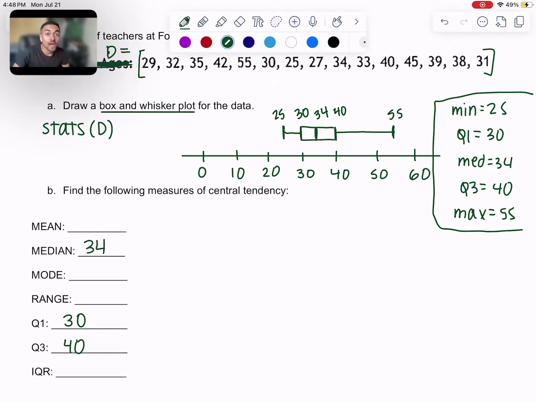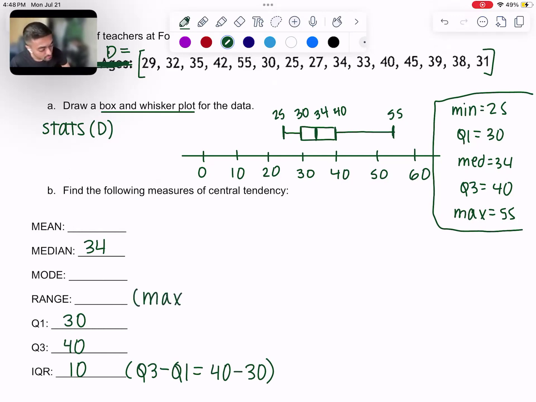We can find the IQR pretty quickly. That's just Q3 minus Q1, or 40 minus 30. So that's 10. The range is actually the maximum minus the minimum. 55 minus 25. So the range is 30. Interquartile range is Q3 minus Q1. The whole range is the maximum minus the minimum.